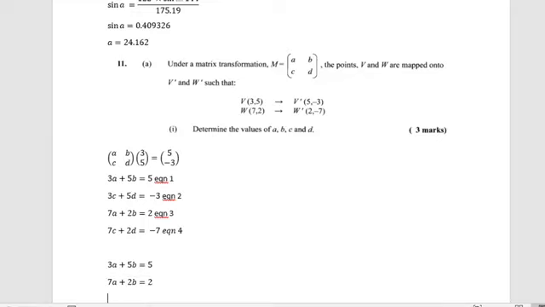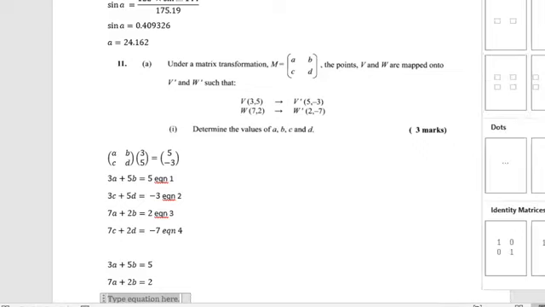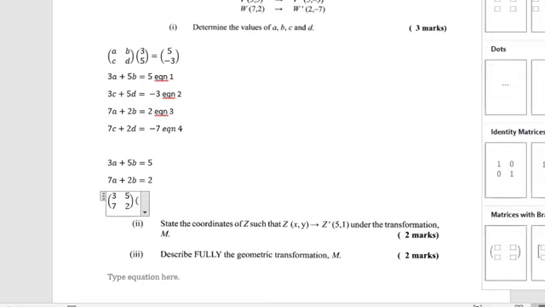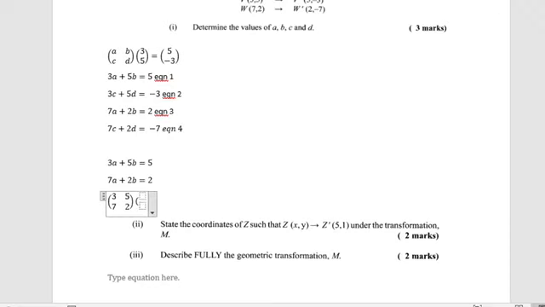Now writing it in the form of a matrix, in the first bracket we will have 3, 5, 7, 2, and this is being multiplied by the letters which are basically the same, which is A and B. And that is equal to the 5 and 2.